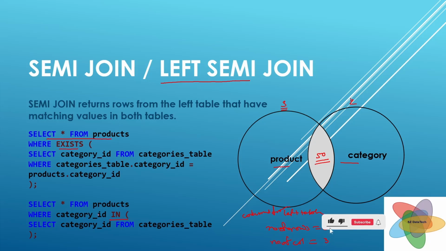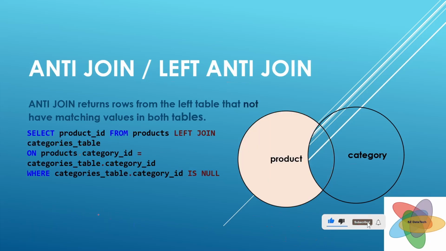Now let's move to anti join, or left anti join. You can see that we have highlighted the product table, so definitely we will get columns from the product table, but only the rows which are not matching with category. That's the reason this particular part is not highlighted.